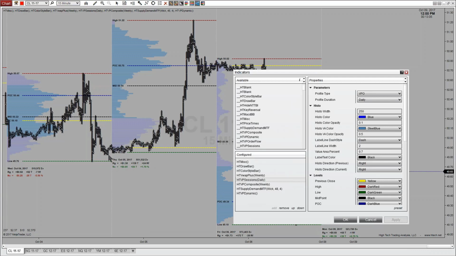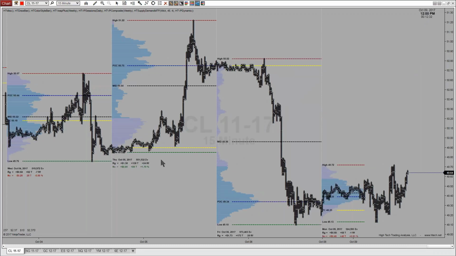But it needs to be set so that aesthetically you can easily manipulate your charts and not have things get in the way of each other. Right now, I might look at a percentage of the session period, but as I get into this further, you'll see that although we're looking at days right now, we can look at weeks and months and contracts and however we want to look at this. So for right now, I'm just going to set that back to 180 and leave it as the default.